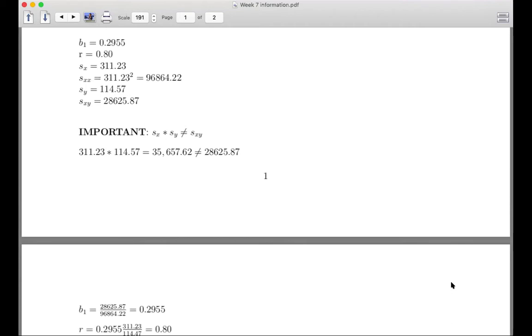So that's why if they're moving in opposite directions of their means, meaning as X increases, large values of X, Y decreases, small values of Y, covariance will be negative. You will get a negative value for covariance because they're moving in opposite sides of their means. So that's what gives it that negative value. But if they were moving in the same direction, as X increases, so does Y, then because they're moving in the same direction, you would end up with a positive value for covariance.